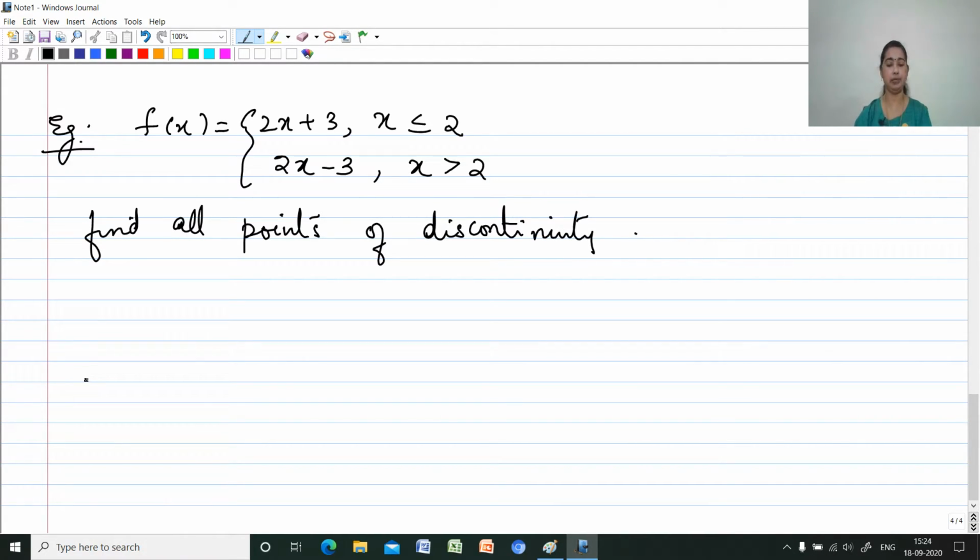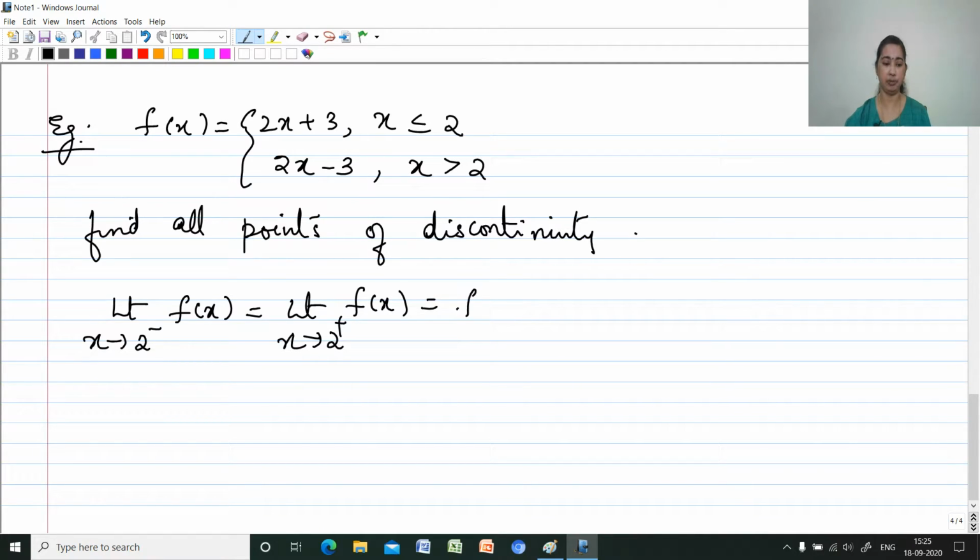So if the function is continuous, and we are checking at the point 2, then limit x tends to 2 minus f of x should be equal to limit x tends to 2 plus f of x should be equal to f of 2.